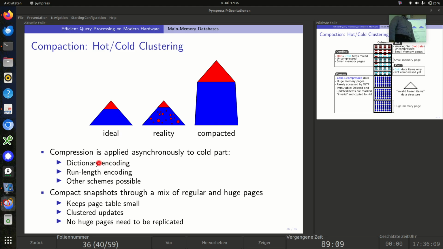And we apply different kinds of compressions, for example, dictionary encoding. So if we have the same string multiple times, we can use integers. We can have run length encoding if we share the same prefixes, or we can also have other compressions. And therefore we can have a mix of regular and huge pages, so the compressed data we can put on a huge page, and the hot data, the red one, we can store on small pages.